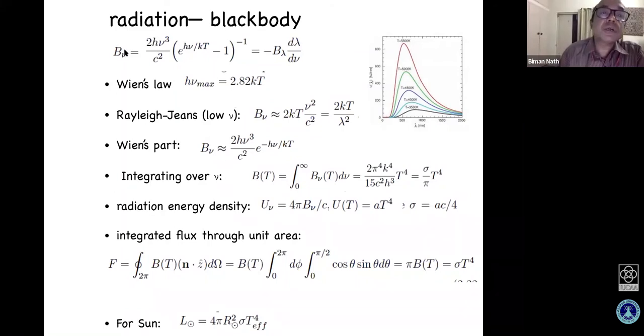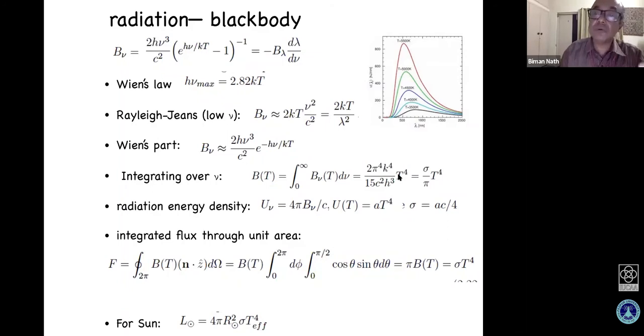So this was energy per unit time per unit area per frequency per steradian. So if I integrate over all frequencies, then the per frequency part will go away, and this is an integral in terms of the fundamental constants, and it scales as T to the power 4. Right?